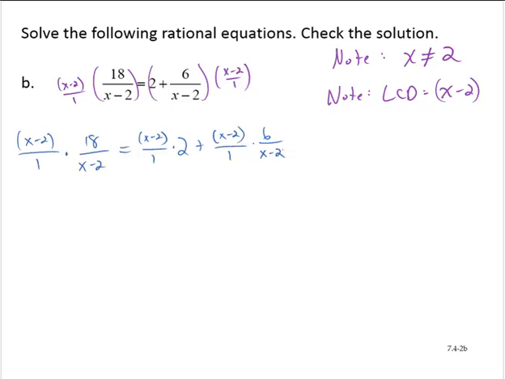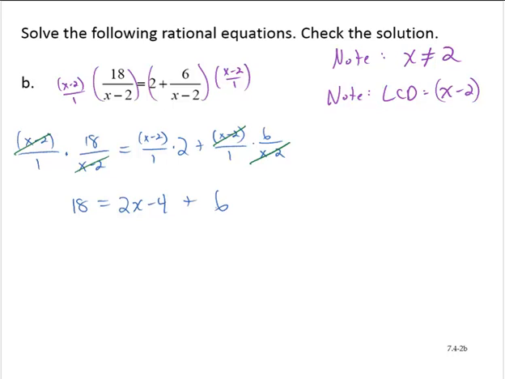On the left-hand side of the equation, notice that the x minus 2's reduce out, leaving 18. On the right-hand side, the first term, I have x minus 2 over 1 times 2. Nothing reduces out, so I'll just apply the distributive property, yielding 2x minus 4, plus, in the second term, the x minus 2's reduce out, leaving 6 over 1, which is 6.